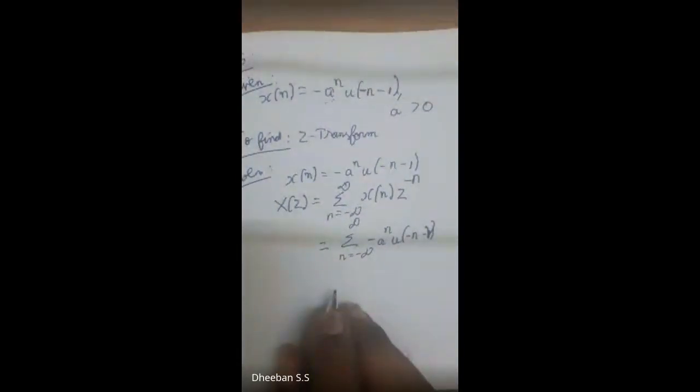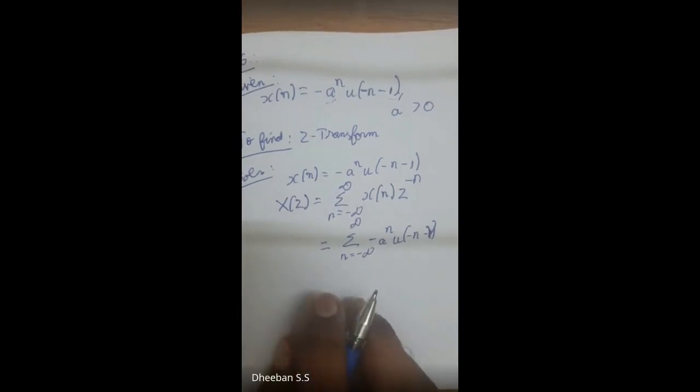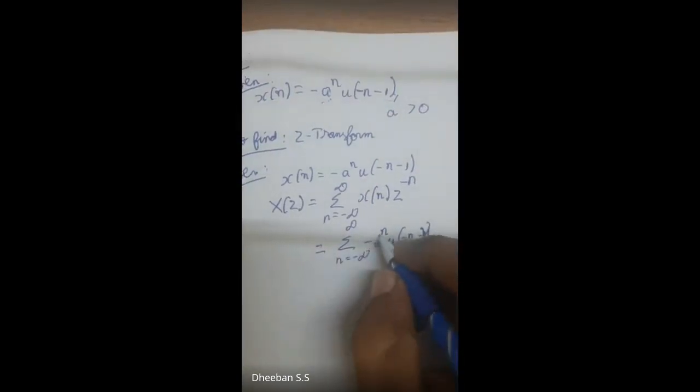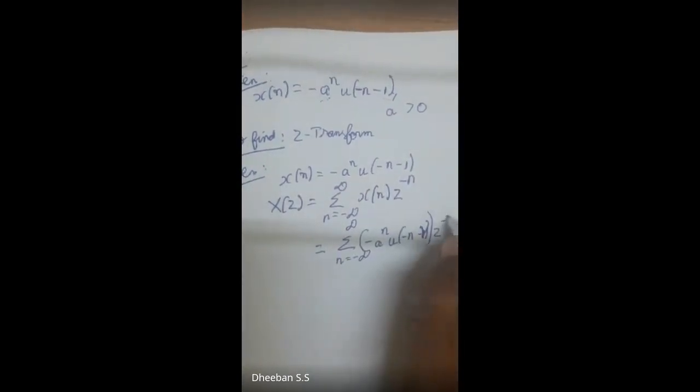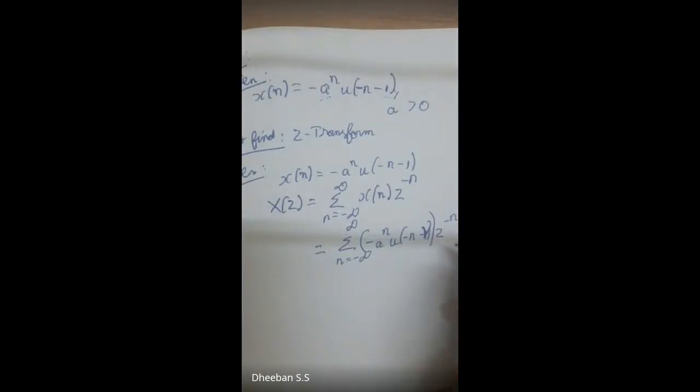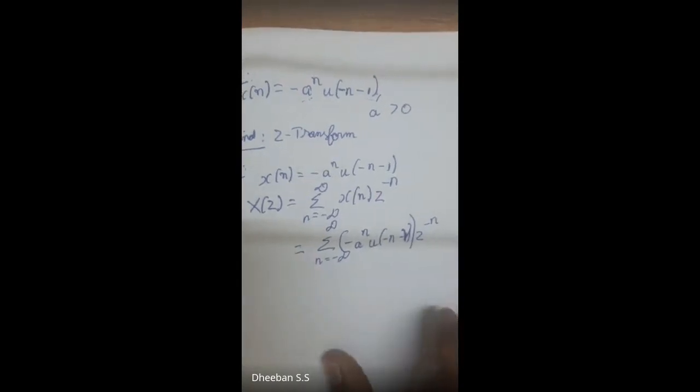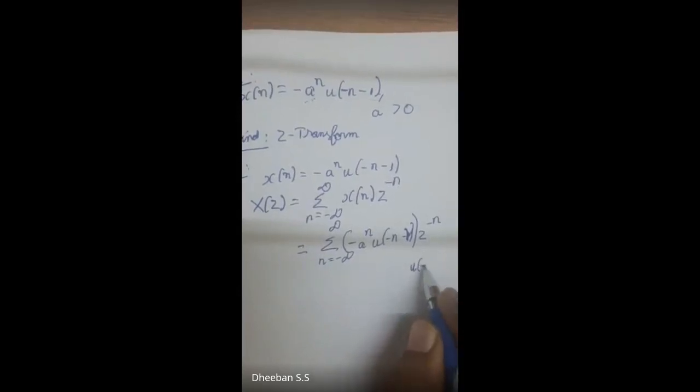Here u is given as u of minus n minus 1; taking the minus common, it becomes n plus 1. Now this value will be equal to 0.